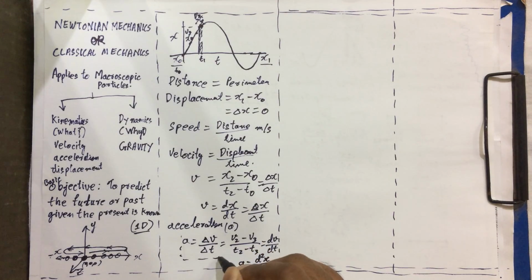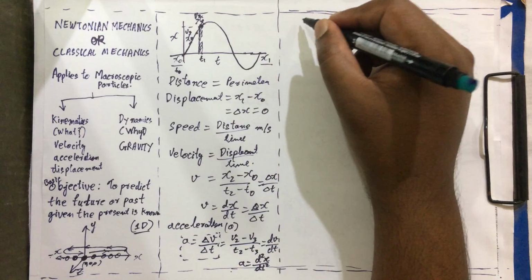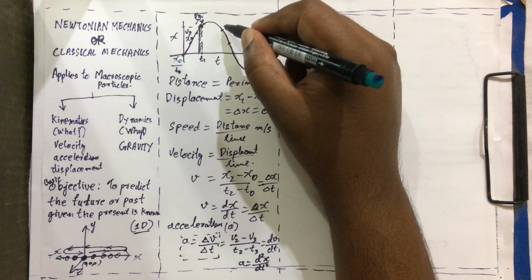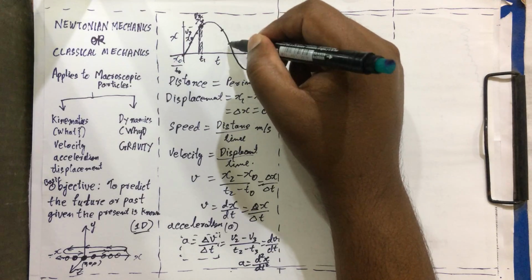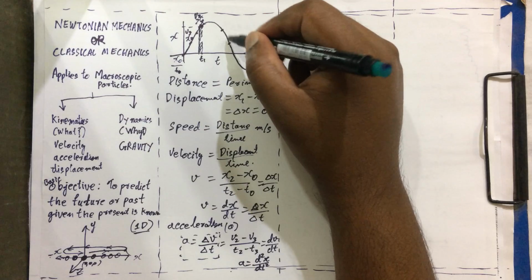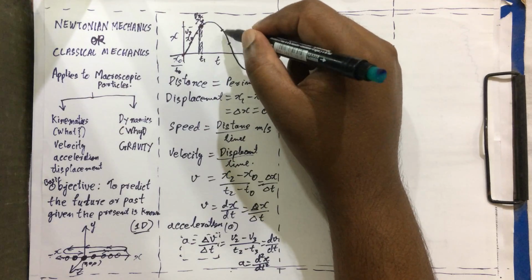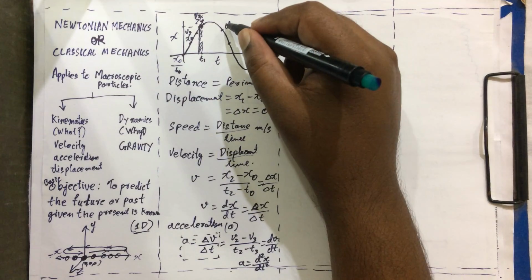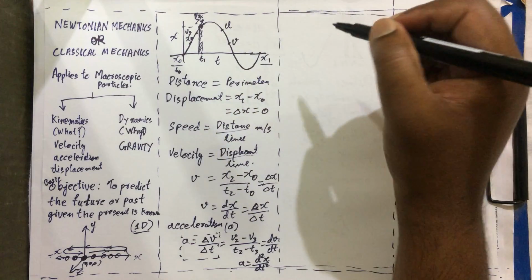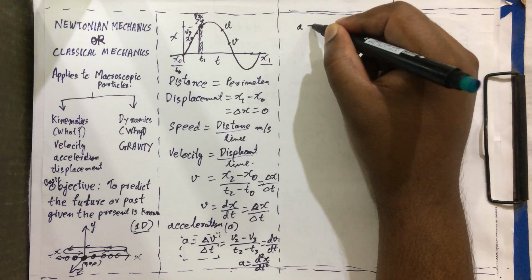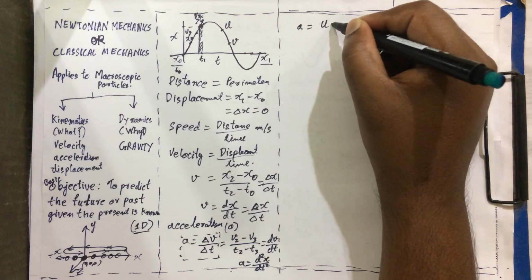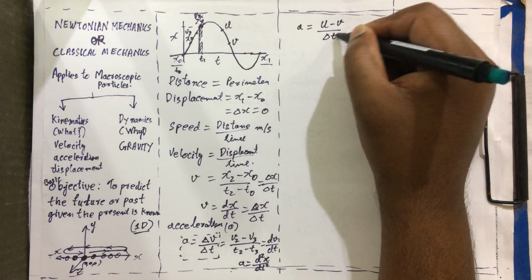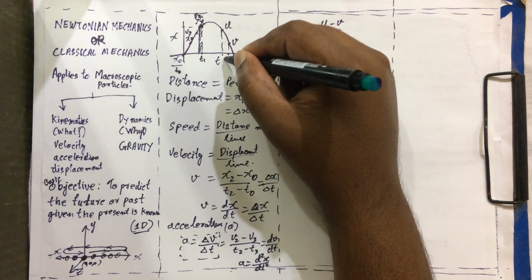Now if we only consider this much equation, and let us say we take these 2 points here, we want to find out the acceleration in this region, and let us say at this point the initial velocity is u and the final velocity is v. So acceleration will be v minus u divided by delta t, where delta t is this region.